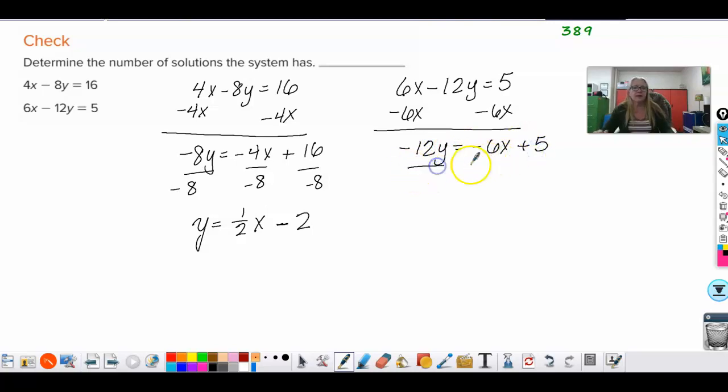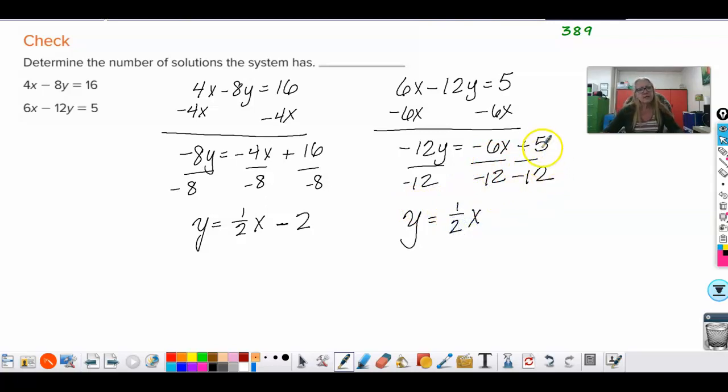Okay. Divide everything by negative 12. And we get y is equal to 6 over 12 reduces to 1/2 x. And this over here, this would be negative 5/12, and that does not reduce.